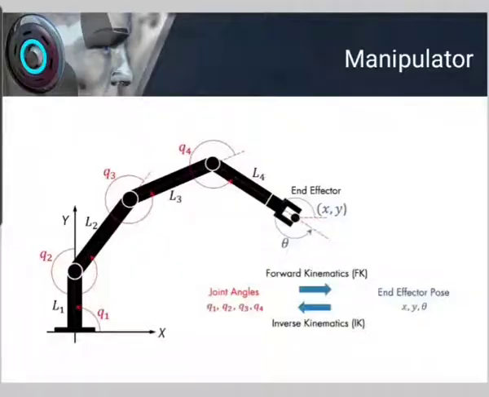The next is the manipulator. In robotics, a manipulator is a device which is used to manipulate material without direct physical contact by the operator.